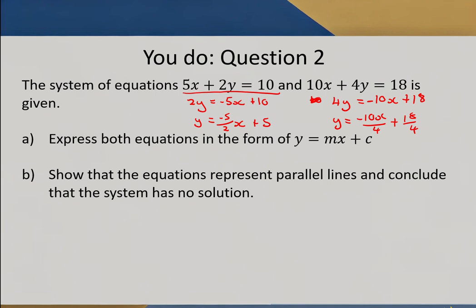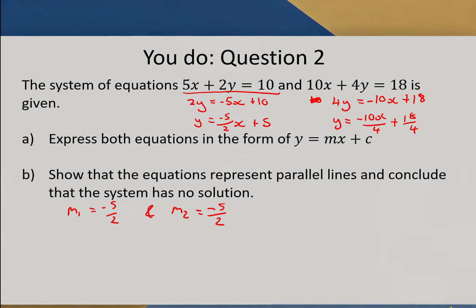So now it's asking us to show that the equations represent parallel lines and conclude that the system has no solution. So we can see the gradient is the same. The first gradient is negative 5 over 2, and the second gradient, if I divide both of them by 2, will also be negative 5 over 2.